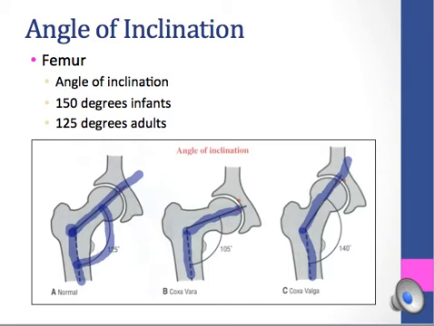As we move into being a little bit older, we may see some decrease in that angle, maybe because the trabecular bone is starting to get a little bit worse. Gender differences: women will have a slightly lesser inclination due to the width of the pelvis, and we know that is to support the act of giving birth.